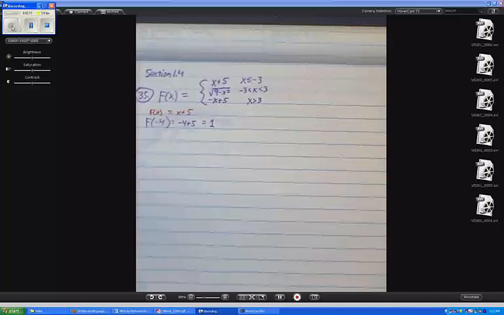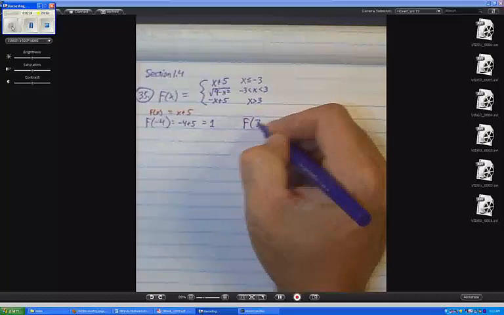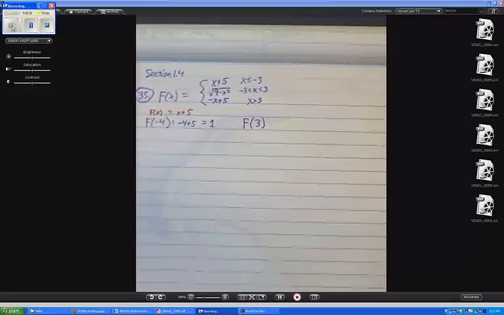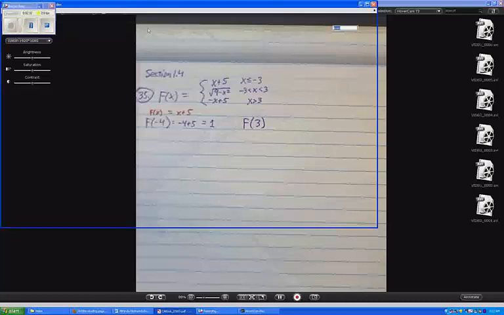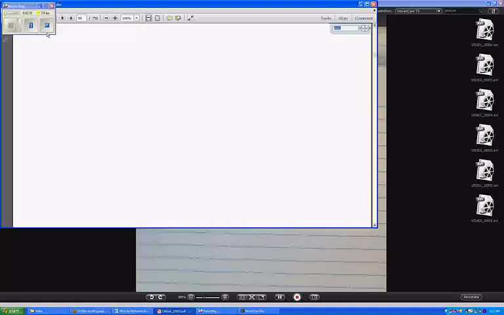But another problem they had me do, for example, was f of 3. Oh, I'll tell you what, I'm missing something here. What page is this on? 65. I got to check, because I don't know which line I'm supposed to be on when I input 3. It doesn't say the way it's written there, so let's just double check.